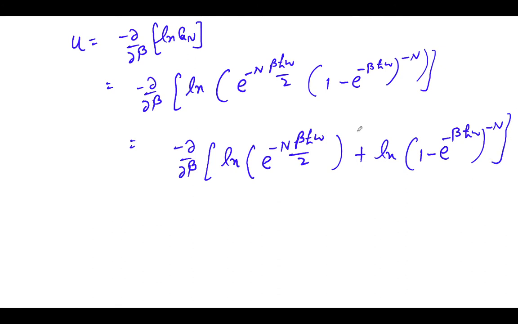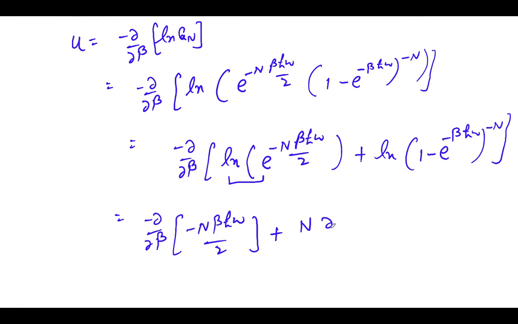When you take the minus n in front of the logarithmic term, this equation becomes minus del by del beta. The exponential function gets cancelled with the log, so this is minus n beta h bar omega over 2, plus n into del by del beta. The minus and minus signs get cancelled.